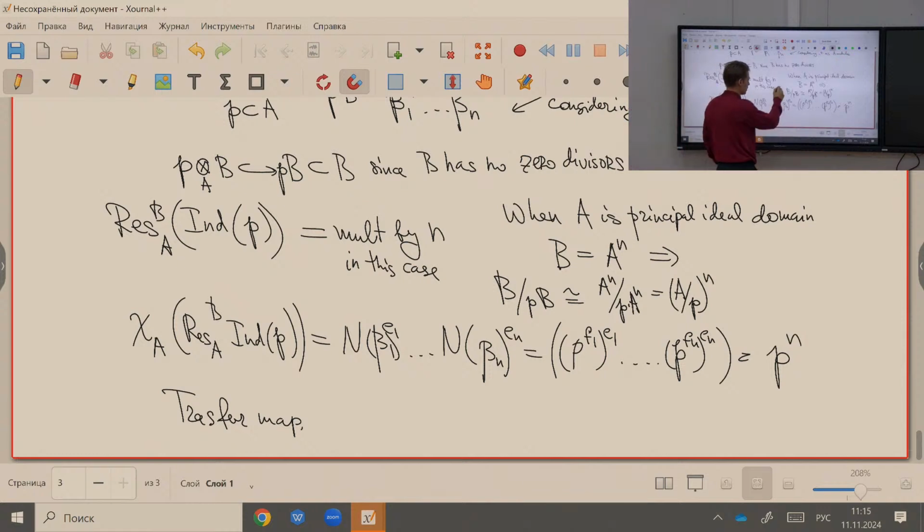Of course, this is just interpretation. But the problem is that this is not a global property.